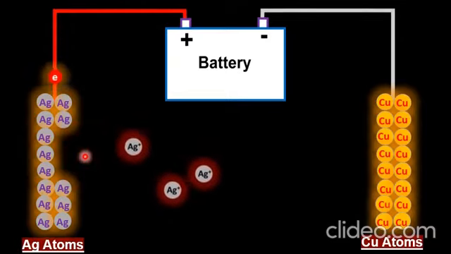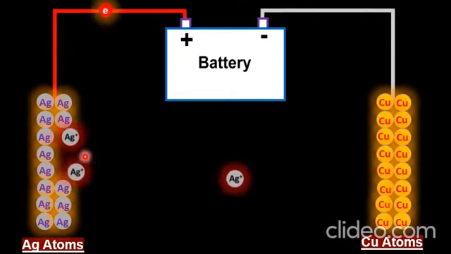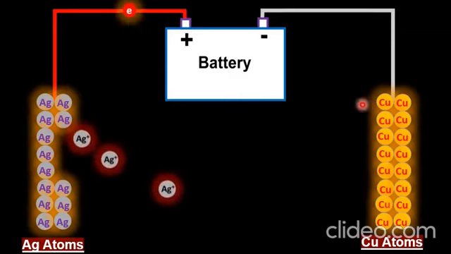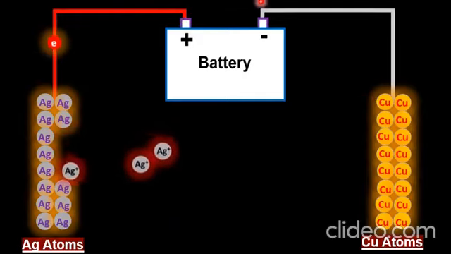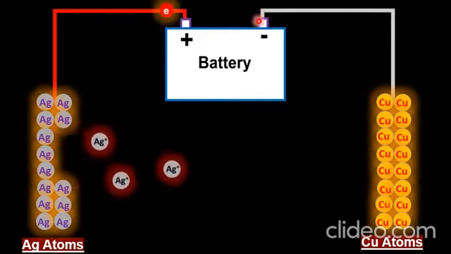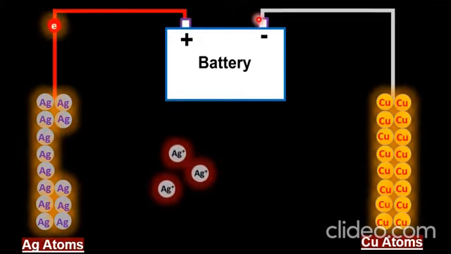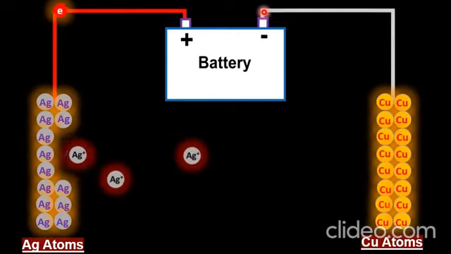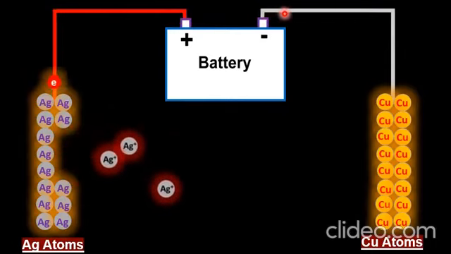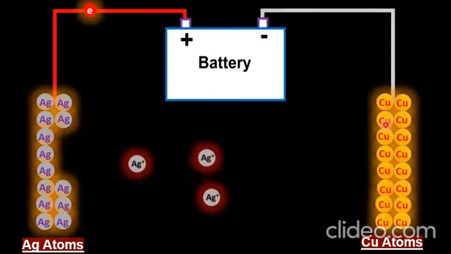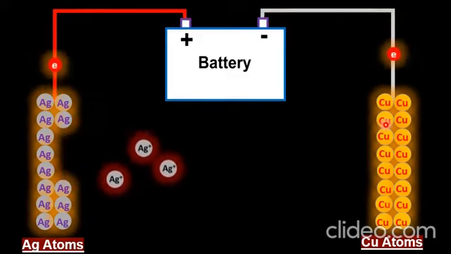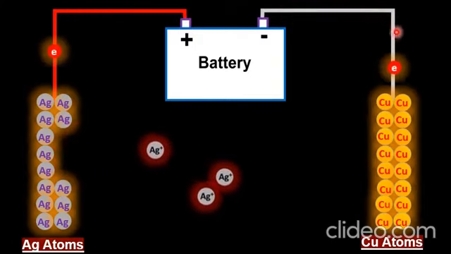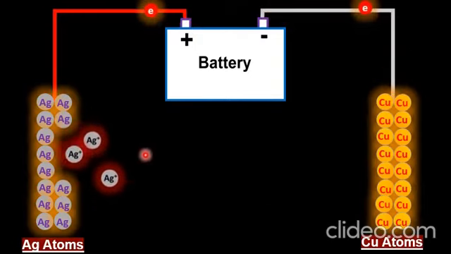So on the copper metal side, the copper metal is connected with the negative terminal of the potential source. The negative terminal of the potential source basically pushes the electrons away from the negative terminal toward the copper metal, like this. So electrons are negatively charged, whereas the silver ions are positively charged.